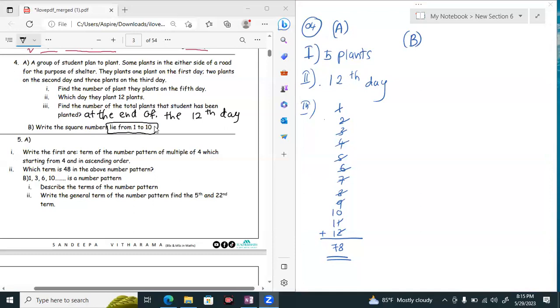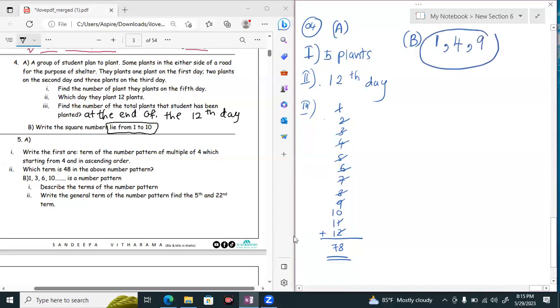From 1 to 10. Then where do you have to start? You have to start from 1. Then 4, 9. That means the question asks for the square numbers from 1 up to 10. Then the answer is 1, 4, 9. 1 is also included because it is from 1 to 10.